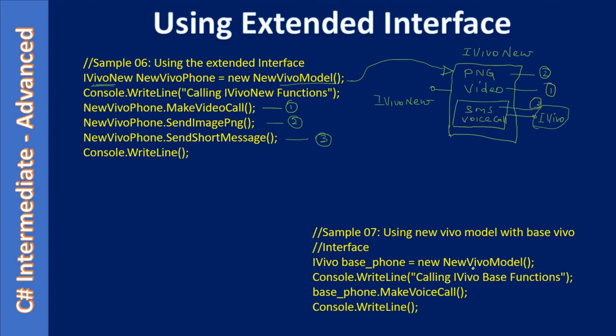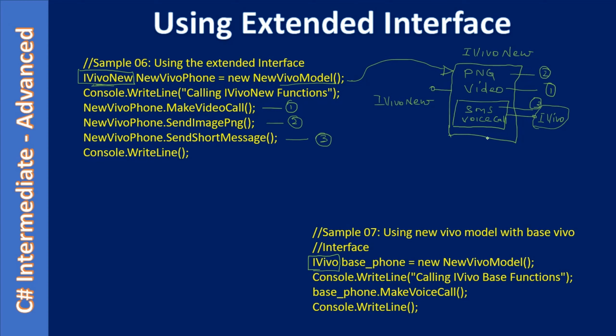So here, even though we are creating the new phone model, NewVivoModel, the pointer is the base type, that means IVivo. So you can notice the difference. The object we are creating is the same, but the reference type is different. First, here we are using the extended interface. Here we are using the base interface.